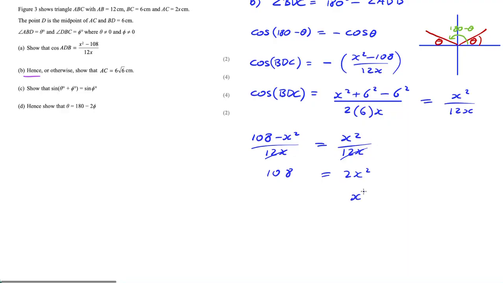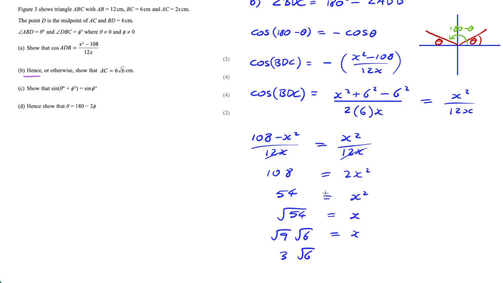Let's go down here. X squared equals 54, which means x is equal to root 54. Now root 54, guys, is 9 times 6, so this is equal to root 9 times root 6, which is 3 root 6.